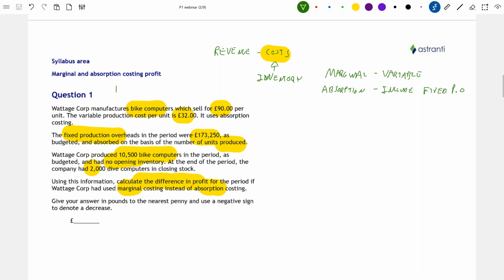So this means that if we have closing inventory, more costs are going to be carried forward under absorption costing than under marginal costing, thanks to this inclusion of fixed production overheads. So that is to say, at the end of a period, our inventory can go up or down.